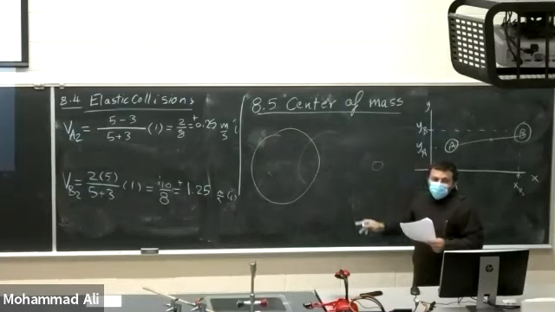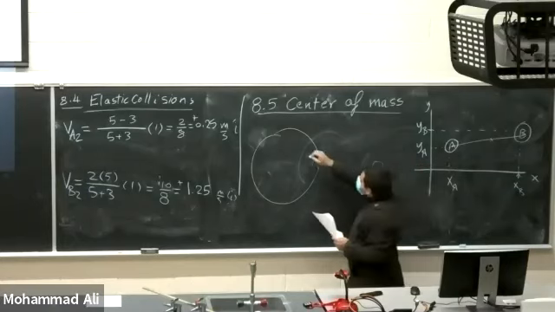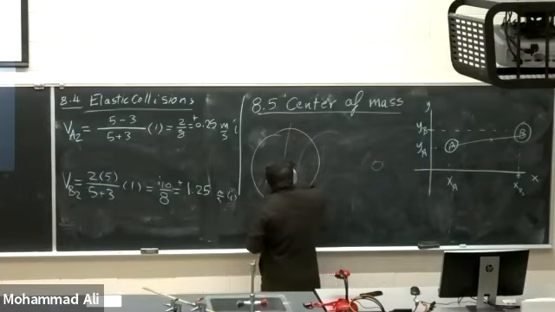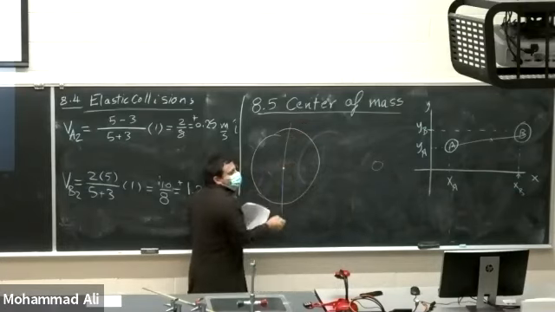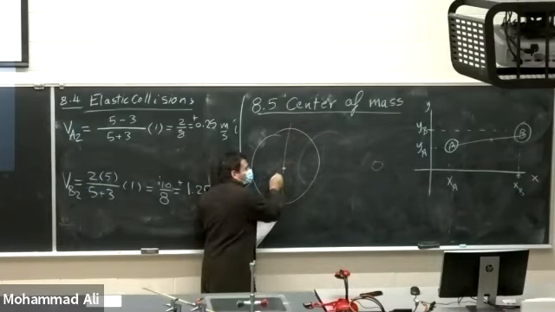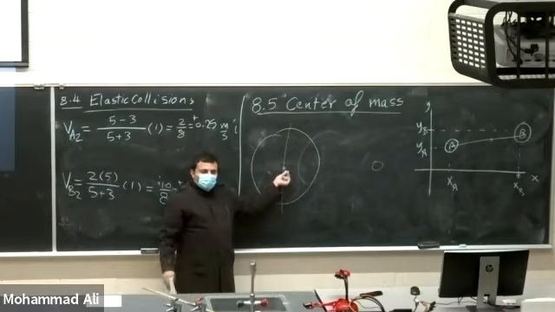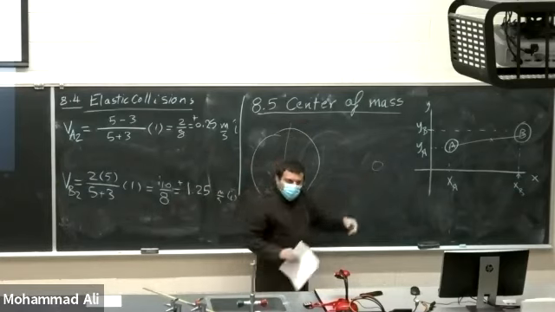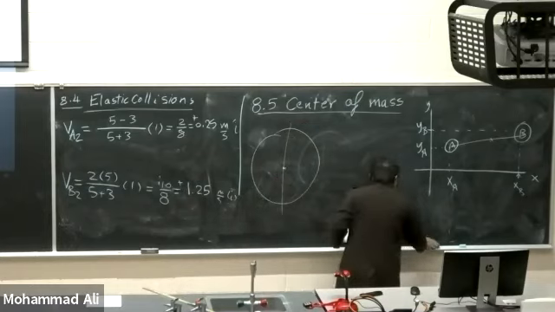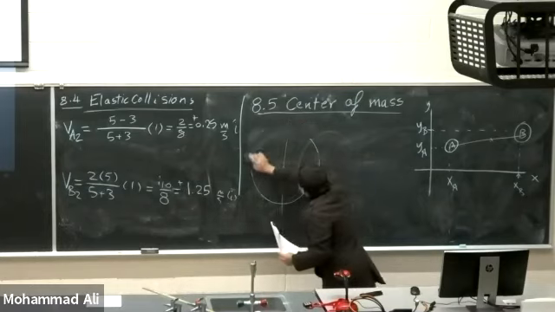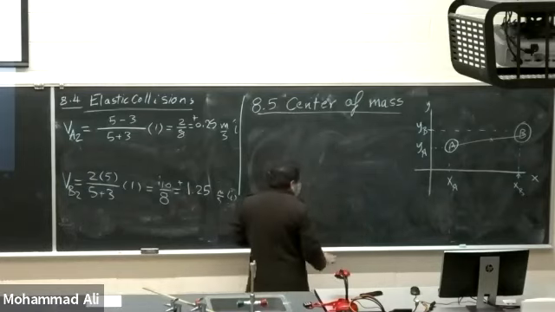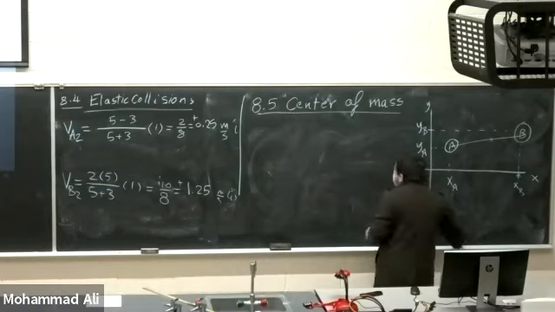They have a center of mass that is close to the center of the sun, not far away from it, because the mass of the earth is very, very small. Okay. Now, if we need to compute the x component of the center of mass, it is simple.